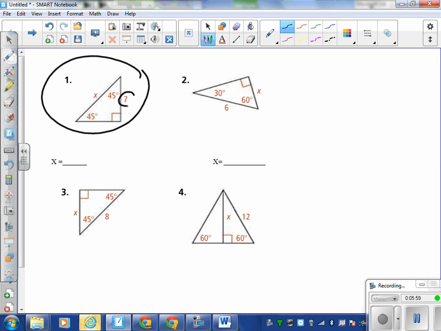That this side is equal to this side, right? And there's a formula that I gave you for finding what? What is this side called in the triangle? The hypotenuse.